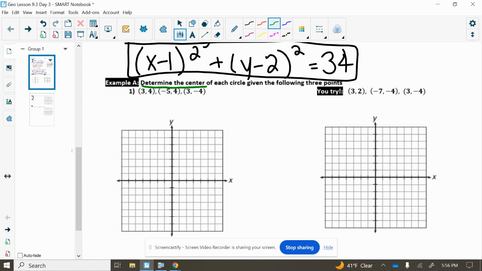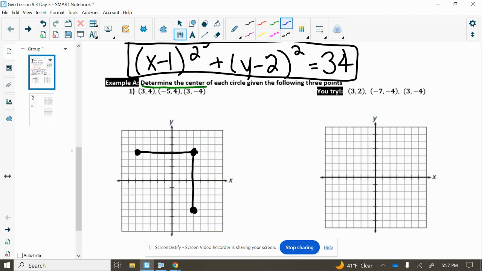So again, start off by graphing the 3 points they gave you. So 3, 4, -5, 4, and -5, +3, -4. And again, connect with a vertical and a horizontal.